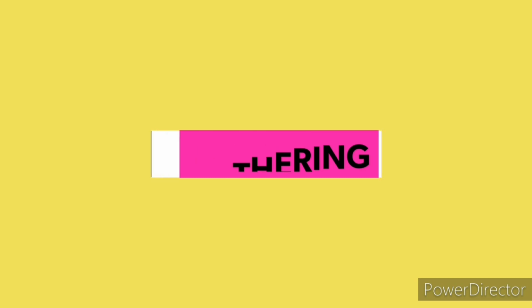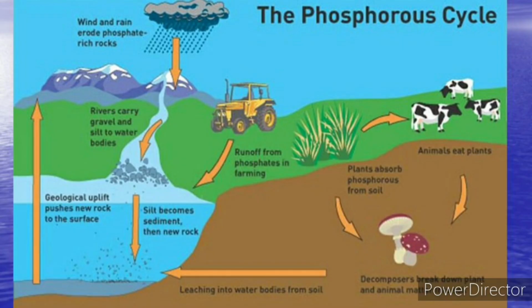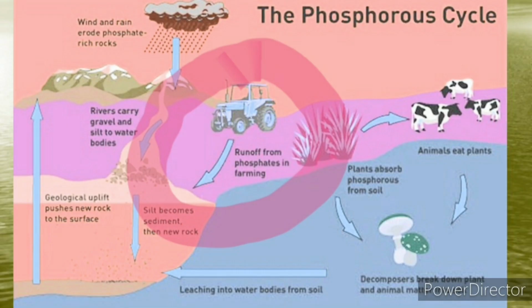Step 1. Weathering. Weathering of uplifted rocks contributes phosphates to the land. Some phosphates eventually reach the ocean again. Step 2. Fertilizers. Phosphate fertilizers from fields may run off directly into streams. This may then become part of the soil or be absorbed by plants.